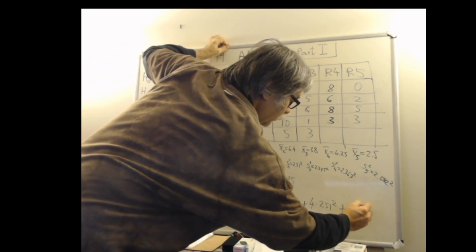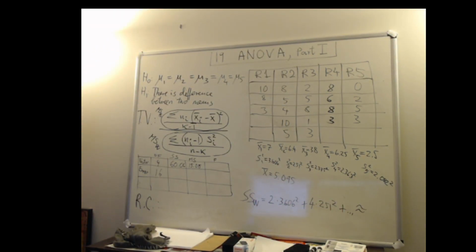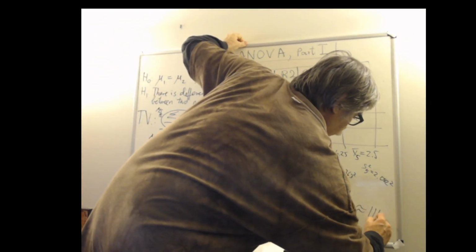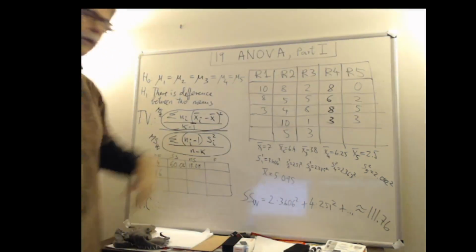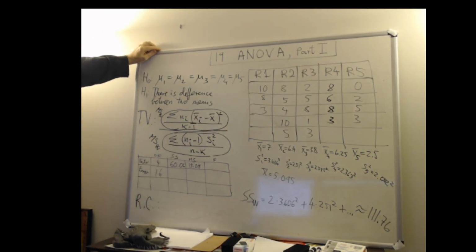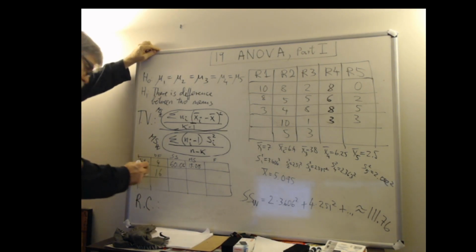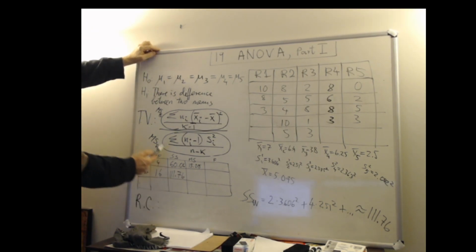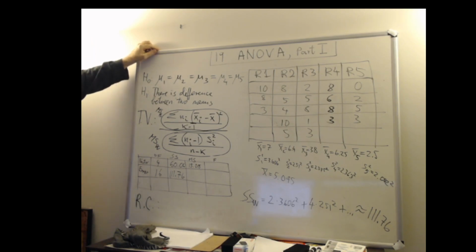And if everything is done correctly, you should end up with, I got, 111.76. That is a significant number, a big number. So it goes here, 111.76. You write that here. This is your sum of squares for the error, or within the groups.